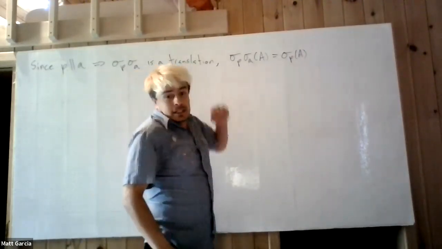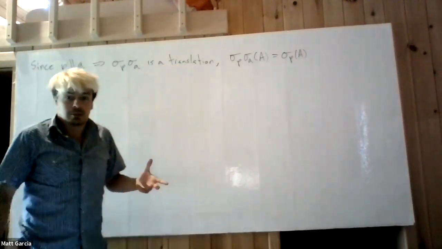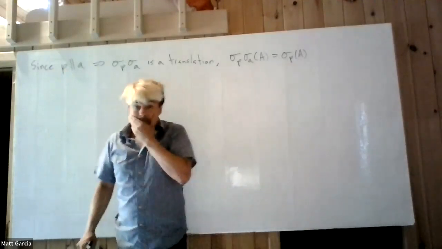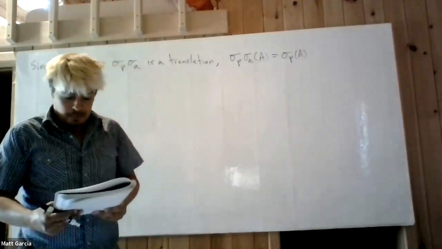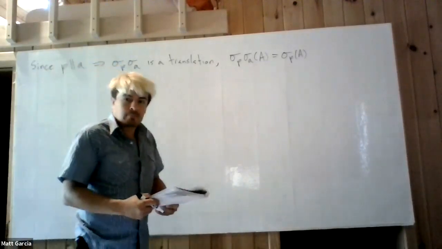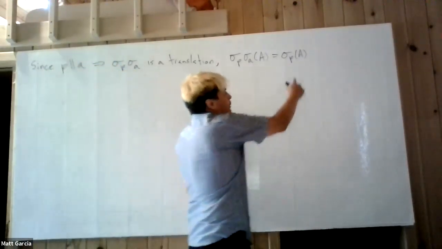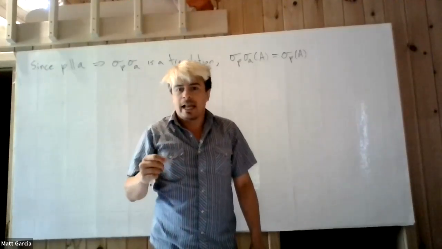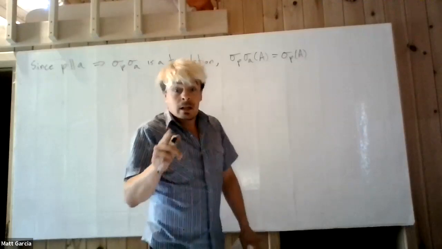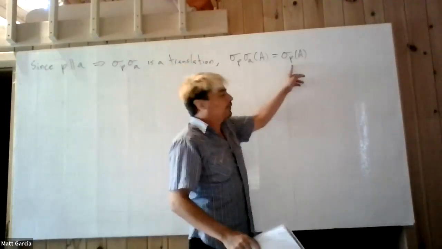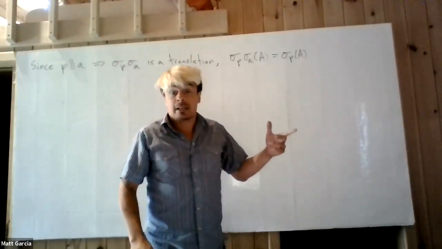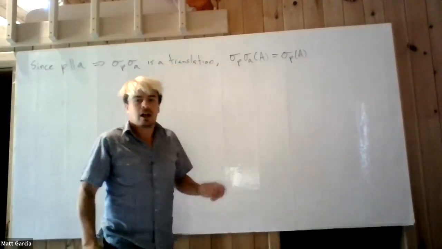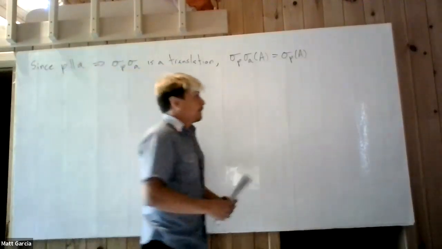Because A is on the line little a, so it has to be fixed by sigma sub A. Where does sigma sub P take A? Well, remember we just defined P to be the perpendicular bisector of the line segment AM. So reflection in P takes A to M, because we chose P to be the perpendicular bisector of the segment AM.